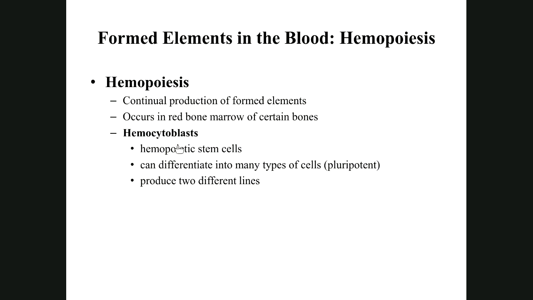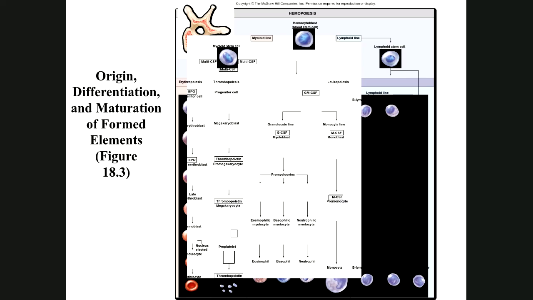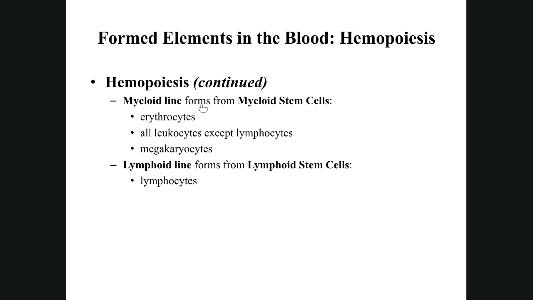Now what it's going to do is it splits into two other stem cells. It creates a myeloid stem cell and a lymphoid stem cell. Okay, so the myeloid stem cells and the lymphoid stem cells. Here's the way to memorize this very easily. Lymphoid stem cells only make lymphocytes.